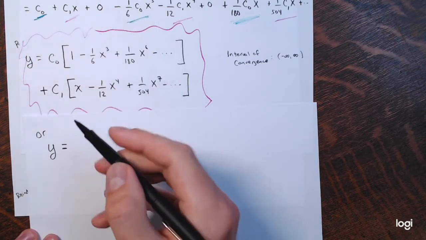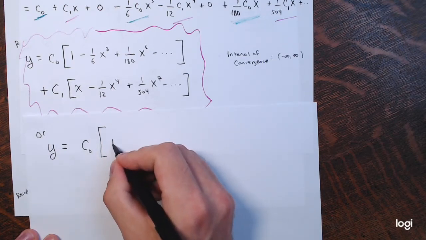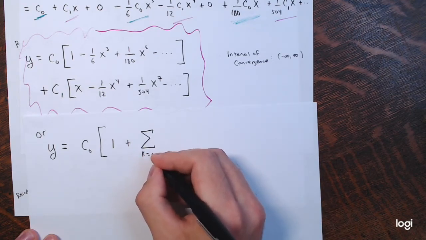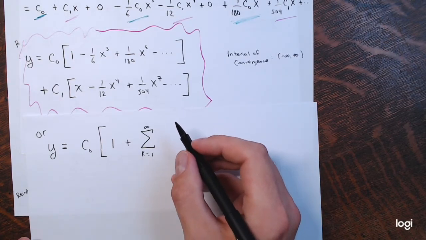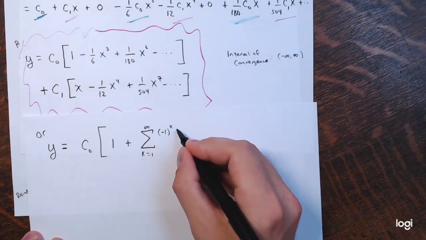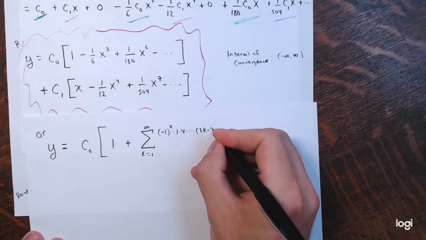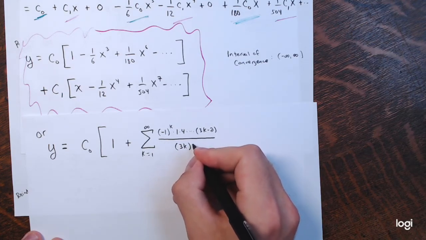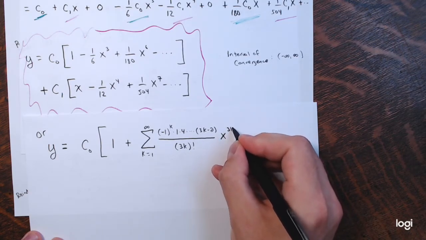All the stuff with c0 would be y equals c0 times the expression 1 plus the sum from k equals 1 to infinity of negative 1 to the k times 1 times 4 times dot dot dot times the pattern here up to 3k minus 2, divided by 3k factorial, times x to the 3k power.